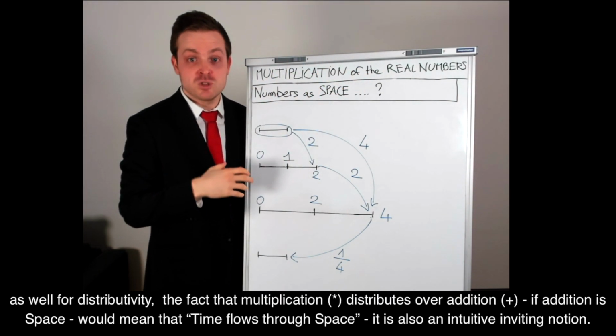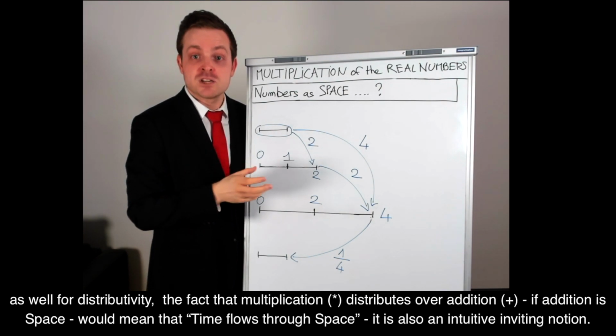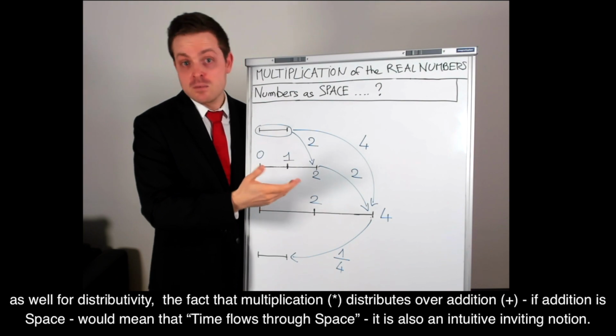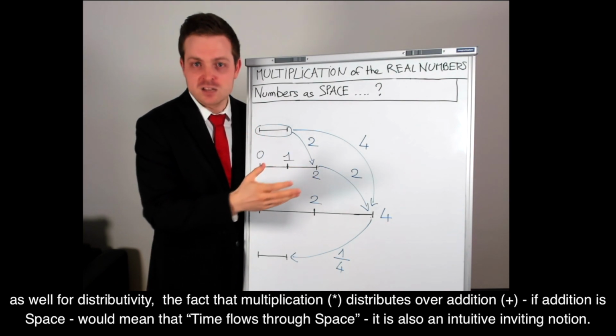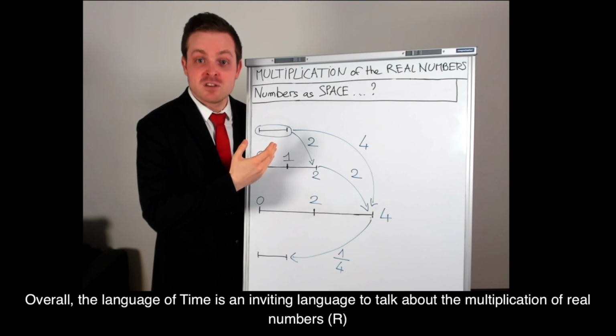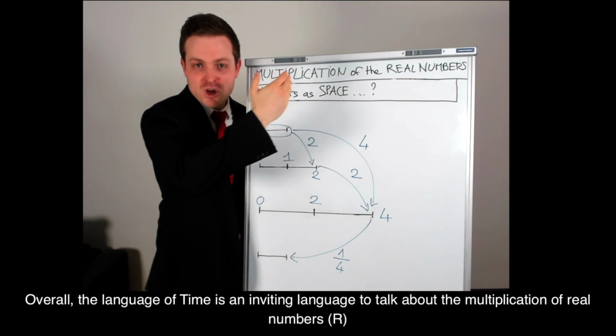As well for distributivity, the fact that multiplication distributes over addition, if addition is space, would mean that time flows through space, and it's also an intuitive and inviting notion. Overall, the language of time is an inviting language to talk about the multiplication of the real numbers.